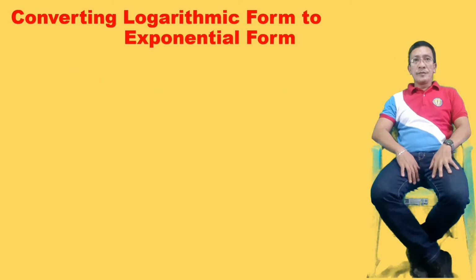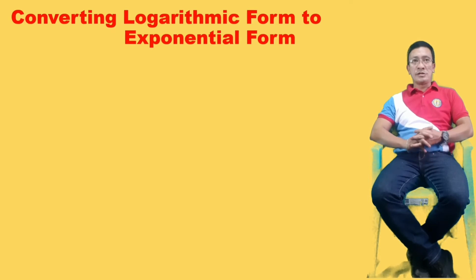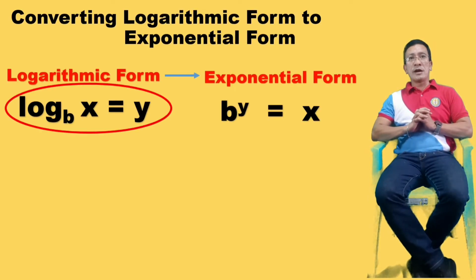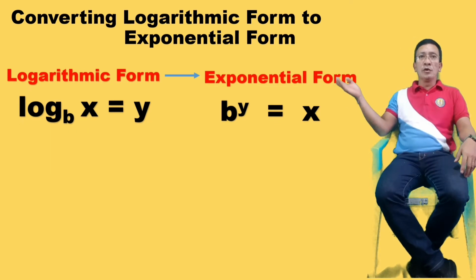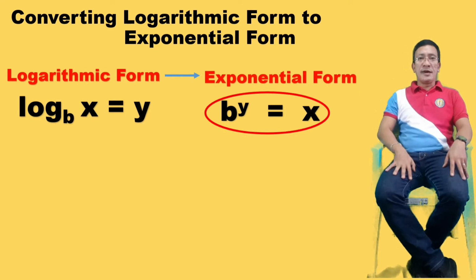To continue, we will convert logarithmic form into exponential form. In this part, we will convert logarithmic form log of x with base b equals y into exponential form b to the y equals x.